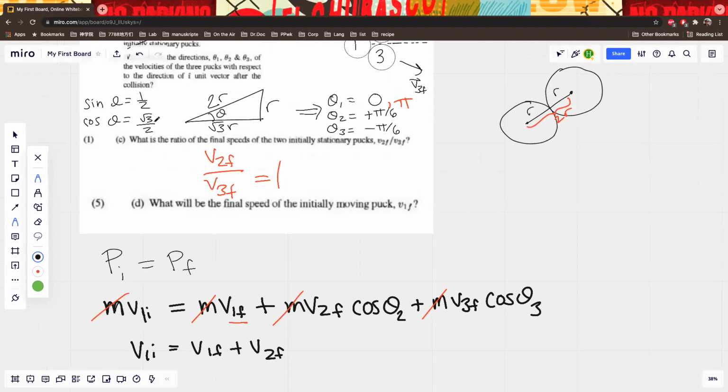We already calculated cos theta to be √3/2. Now cos is an even function, so if we have positive pi/6 or negative pi/6, we get the same cosine value.